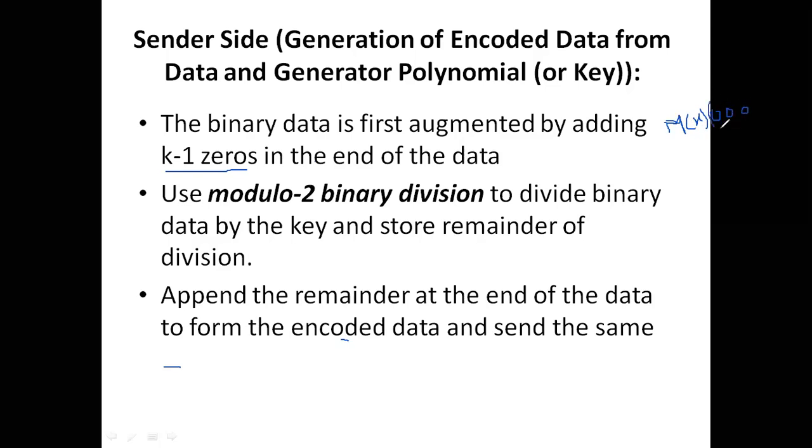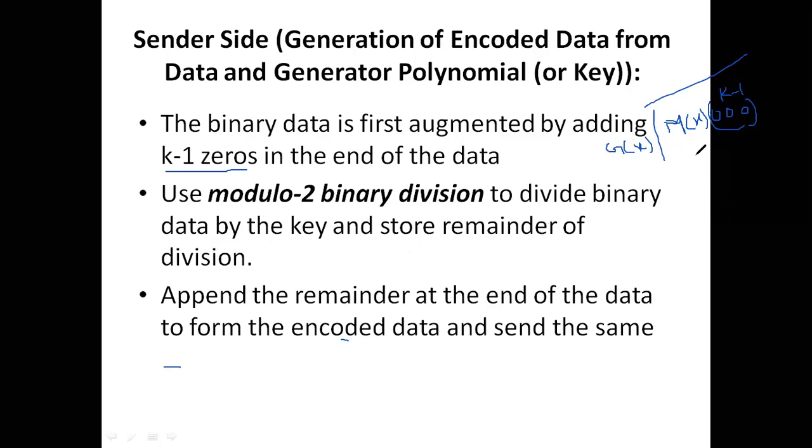Then use modulo 2 binary division. This division is done by the polynomial g of x, dividing the binary data by the key and storing the remainder of the division.